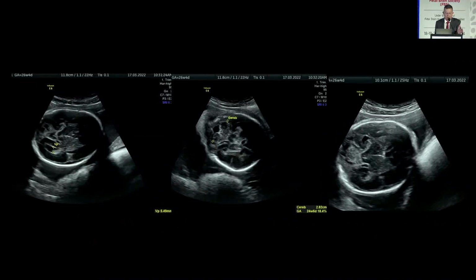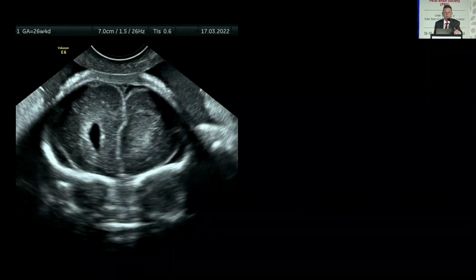Now, if I show this image and ask whether it will be possible to make a diagnosis in this case, when you have a normal lateral ventricle, a normal cerebellum, and normal measurements of the fetus, and even if you use not exactly axial planes, you will see that it's apparently normal. But the moment that you use transvaginal ultrasound, you see something that is at least suspicious that something is wrong.